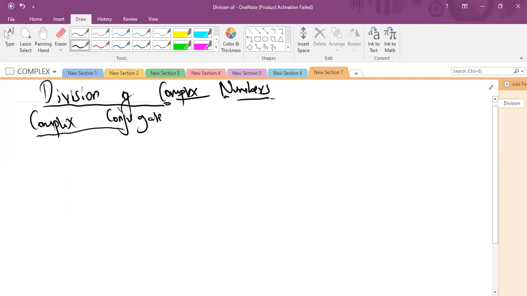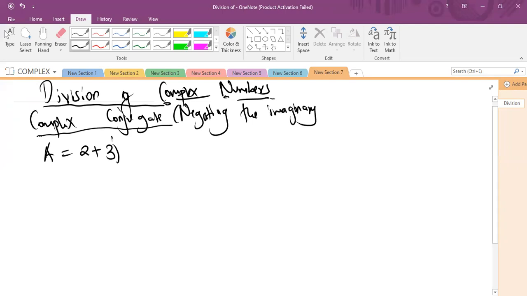So given a particular complex number, let's say A is equal to 2 plus 3j, the complex conjugate is gotten by negating the imaginary part, or multiplying the imaginary part by a negative.